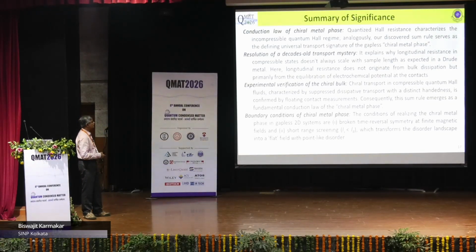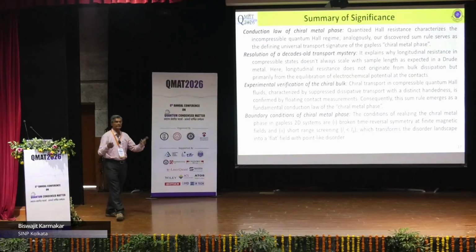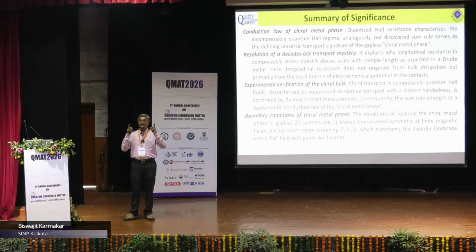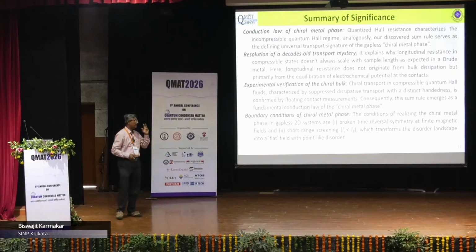Then we have shown how to verify this bulk chiral metal by floating contact measurement. Basically, our trick is that in a Hall bar you usually make one source and one detector, but we put several contacts and measure each and every contact.